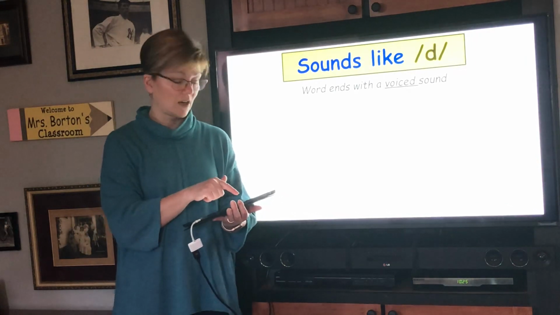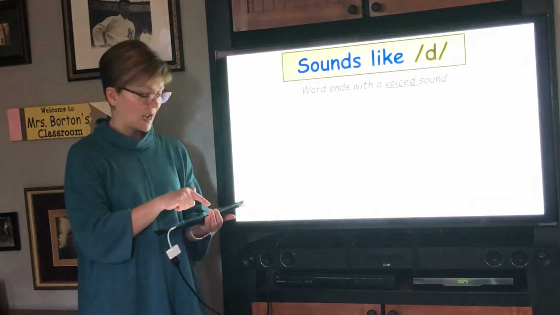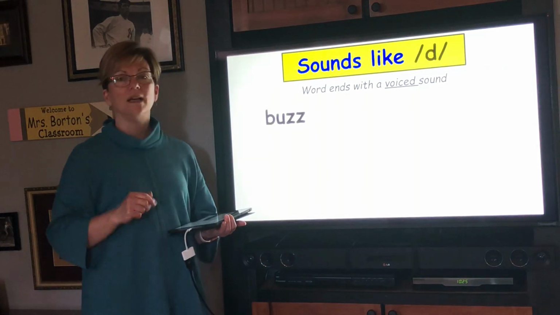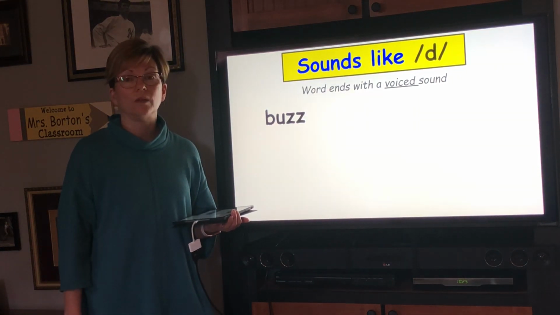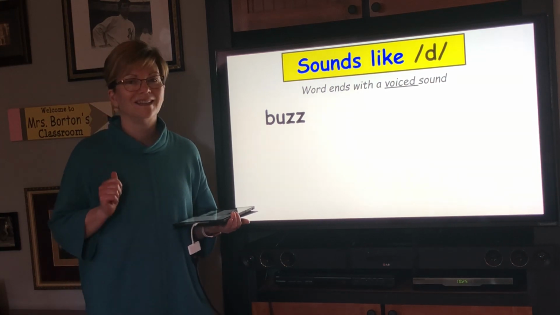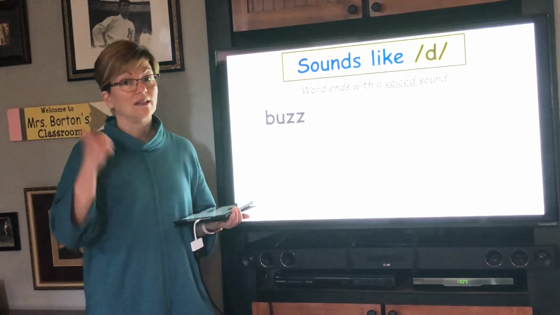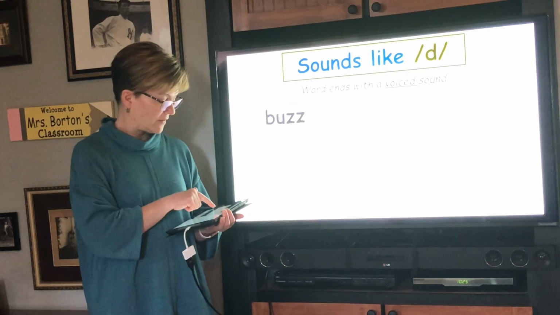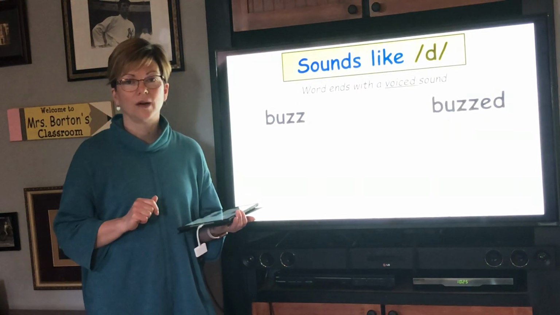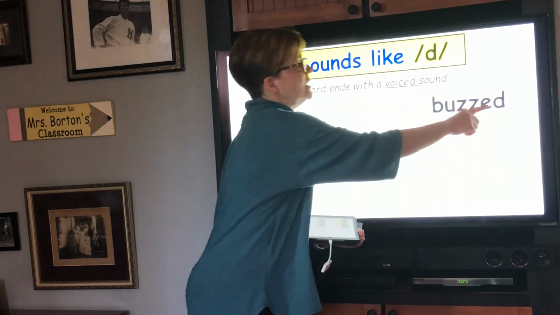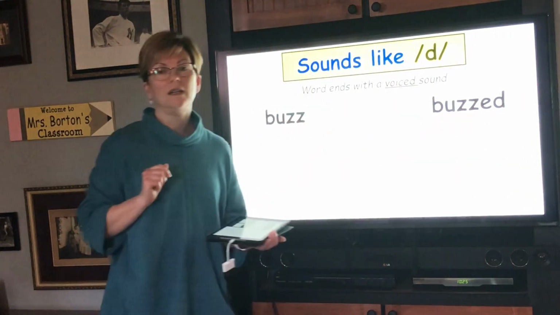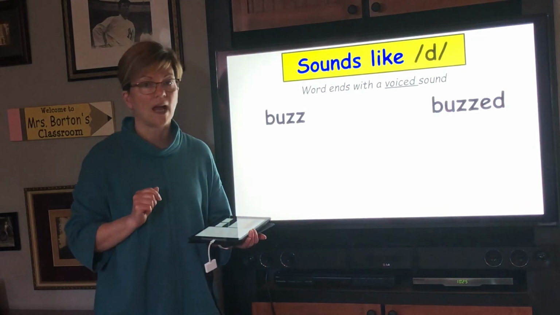All right, let's take a look at our first verb, or our first action word. Buzz. Right now the bee will buzz in my ear. But in the past, he might have buzzed right by me. Buzzed. Did you hear that ed at the end of that root word made the d sound?